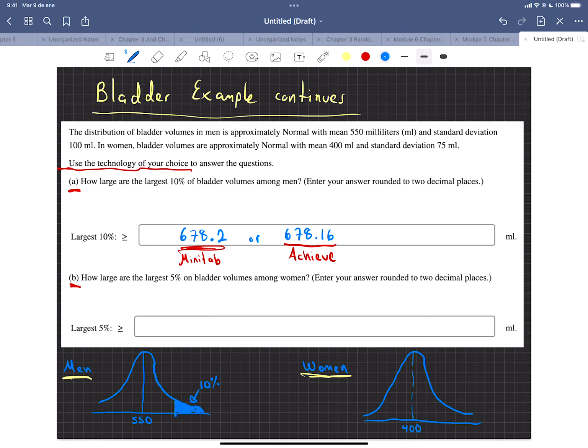And now we're looking for how large are the largest 5%. So this has to be to the right because it says the largest. So we're looking for a number such that the area after the number is 5% because it said the largest. So again, go to Minitab.